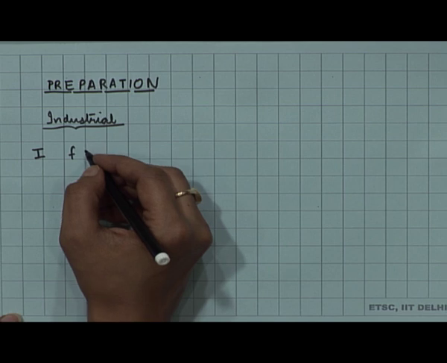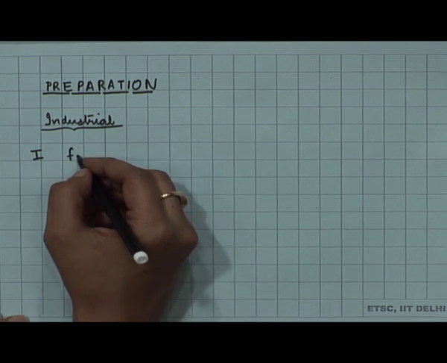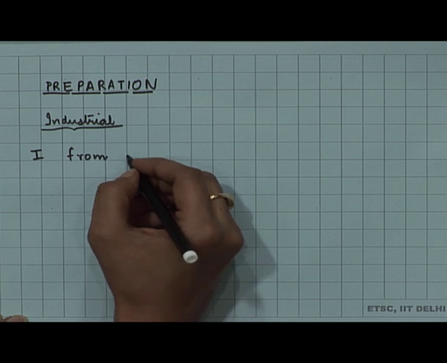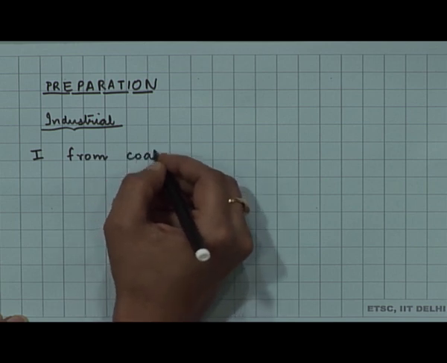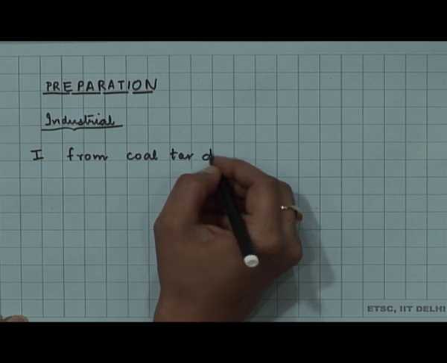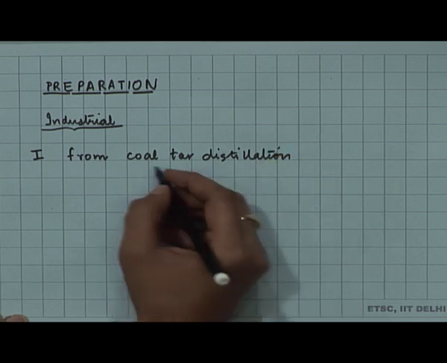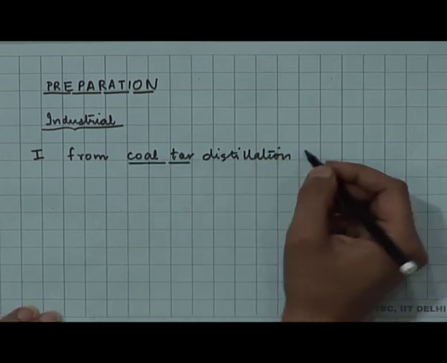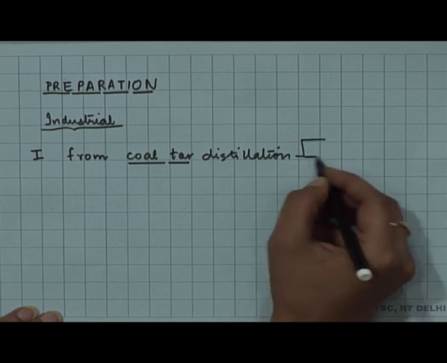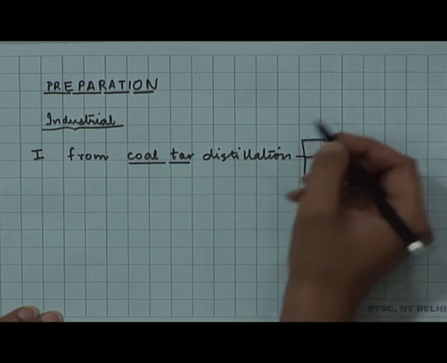To get a bulk amount of phenol on the industrial level, one of the methods used is coal tar distillation. It is a natural source, the coal tar, and when we carry out the distillation of the coal tar, we get different fractions from the fractional distillation.